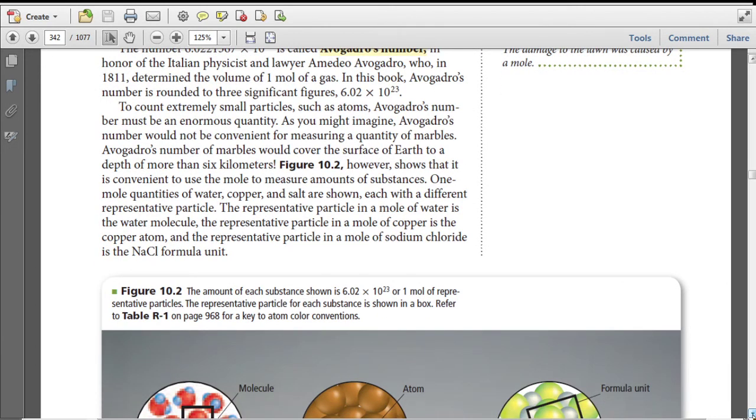To count extremely small particles, such as atoms, Avogadro's number must be an enormous quantity. As you might imagine, Avogadro's number would not be convenient for measuring a quantity of marbles. Avogadro's number of marbles would cover the face of the Earth to a depth of more than 6 kilometers.